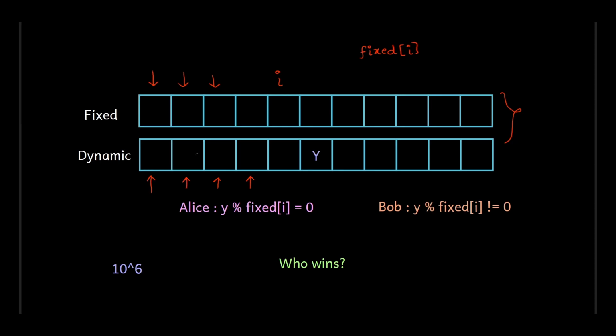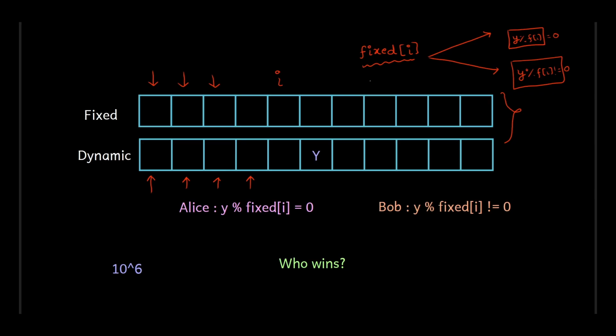you can see that the dynamic array will now get partitioned into two disjoint parts. One part will contain all the elements which are divisible by fixed of I, so all these elements will have y modulo f of I equal to 0, and the second part would contain y modulo f of I not equal to 0.